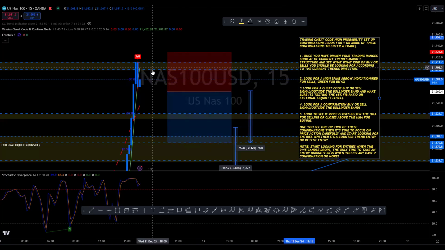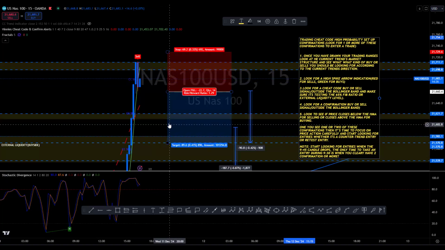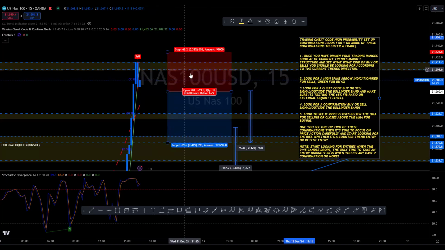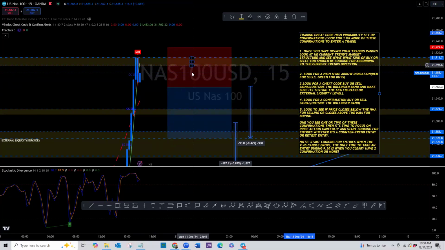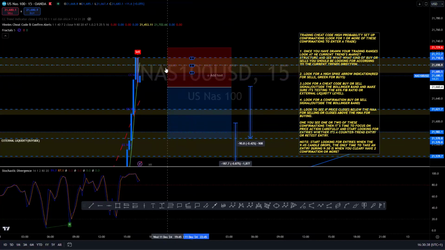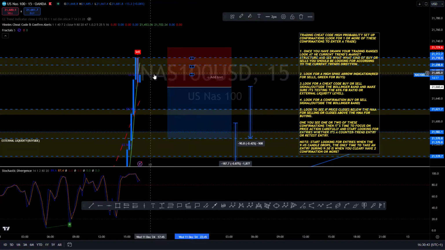Looking for it to come up and retest the sell. The retest of the sell and put it going down, but I might put a trigger, or I might wait for the next number.